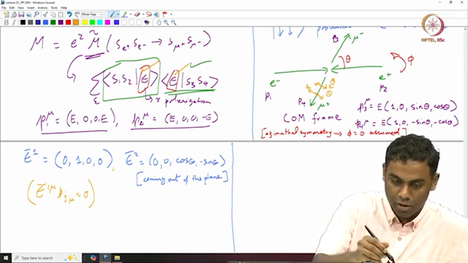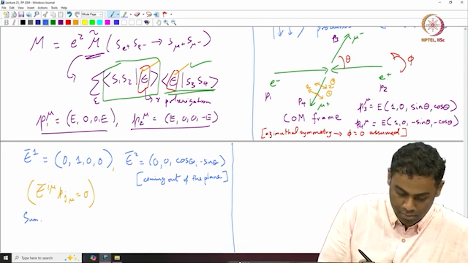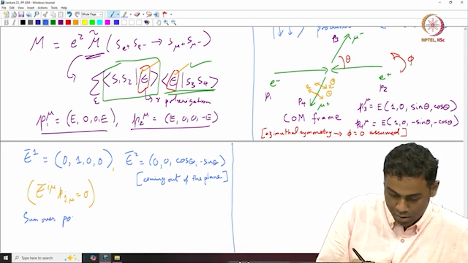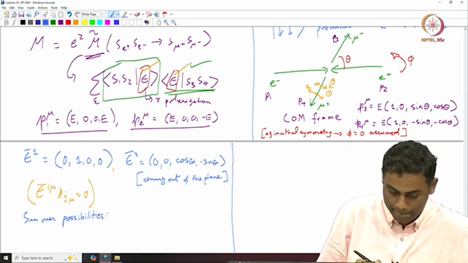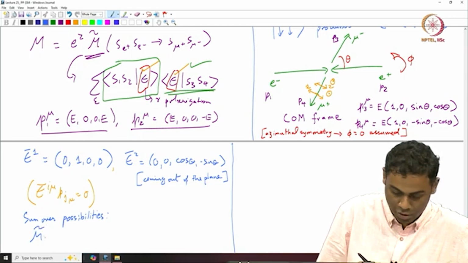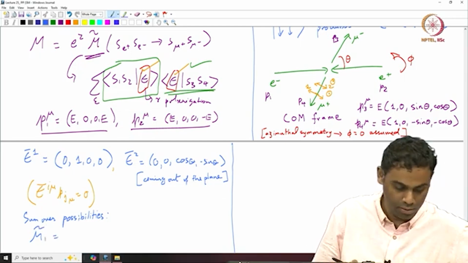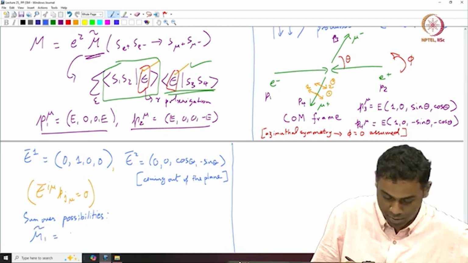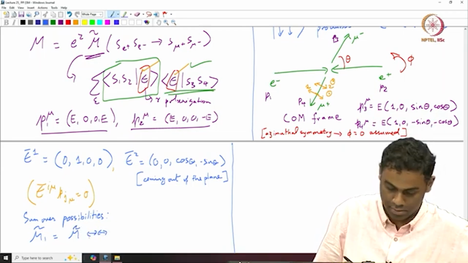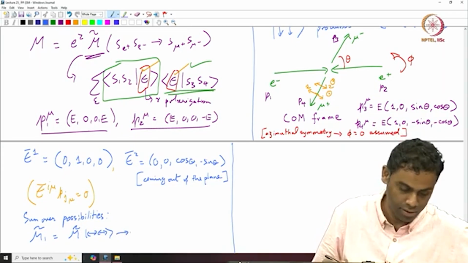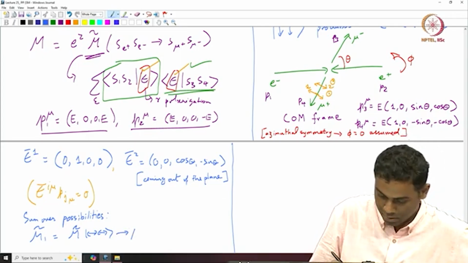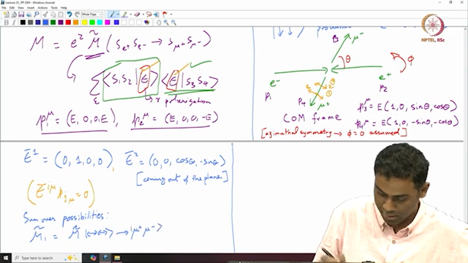So we are going to do that, sum over possibilities. Let's call it M1, which is the first possibility, literally that I take this as my electron state going to the mu plus mu minus state.